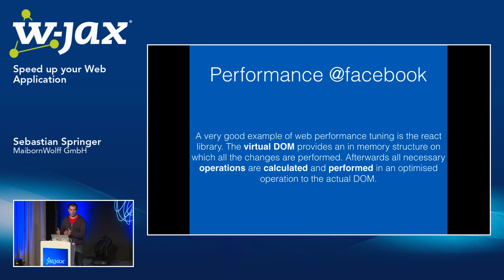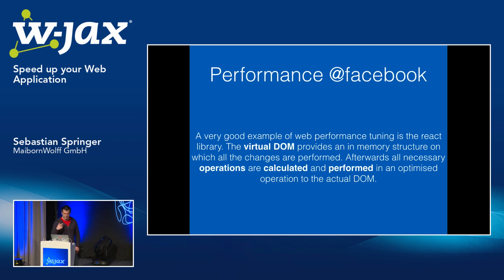That's just what I told you previously. You detach a certain part of your application, apply the changes, and then reattach them. But they are optimizing this furthermore. And this is executed very fast, to be precise, in this 16.6 milliseconds, so you can have fluent animations even in React, even in JavaScript.